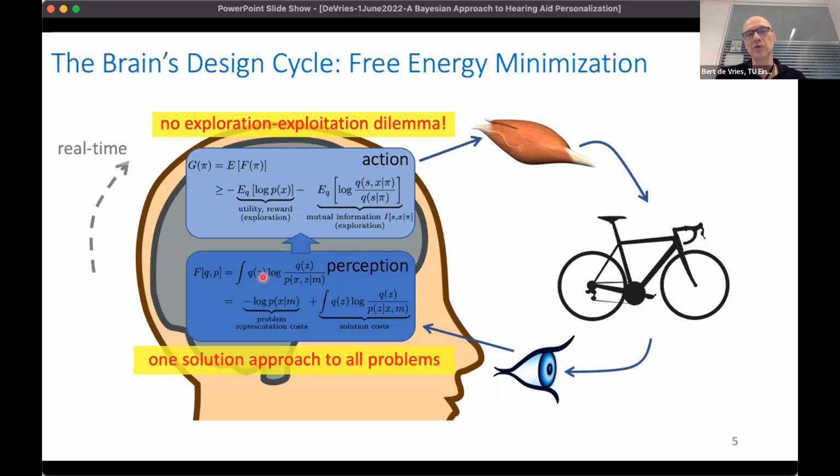So I slowly move from learning a good model about the world to using that model to keep me upright or for whatever utility I have. And I do that with every problem. And it's completely transparent. The brain doesn't really know what it's doing. It's just minimizing a free energy functional.